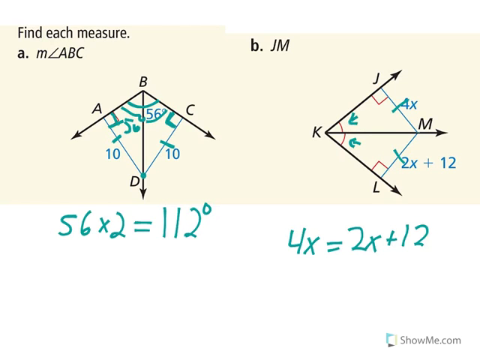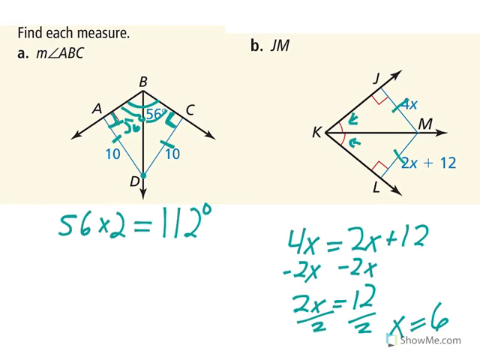And now I just have to solve. I'm going to subtract my 2x. So I get 2x is equal to 12. Divided by 2, I get x is equal to 6. My problem didn't ask for x though, it asked for JM, so I have to substitute. 4 times 6 gives me 24.